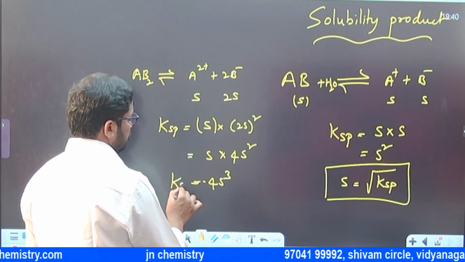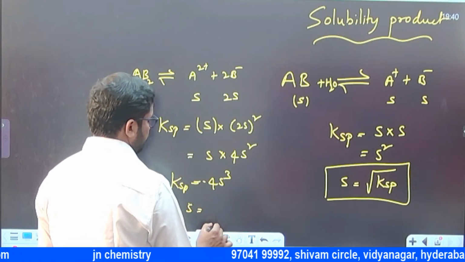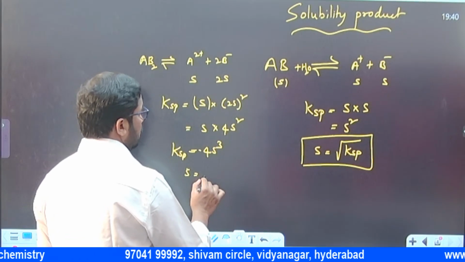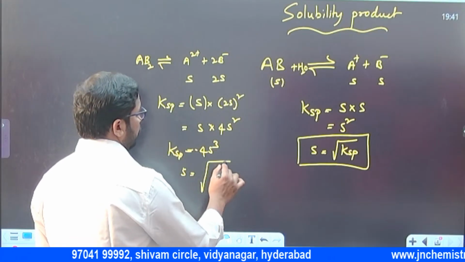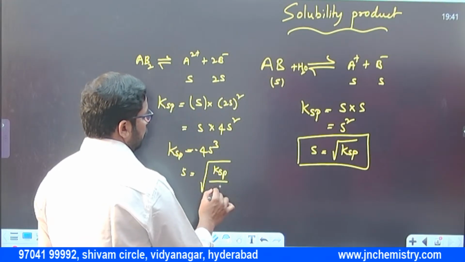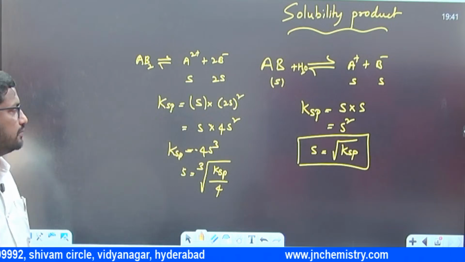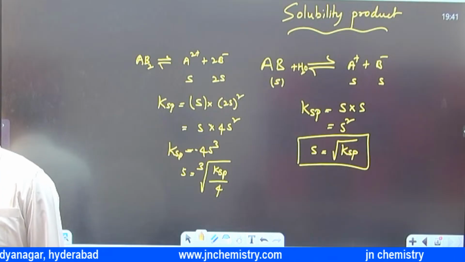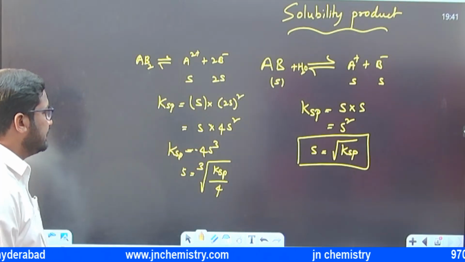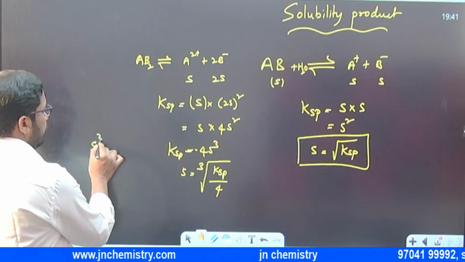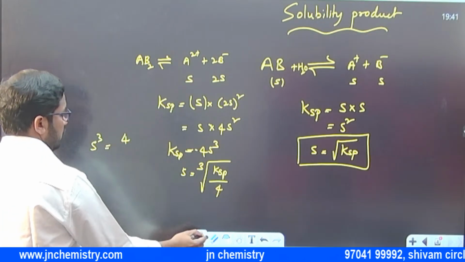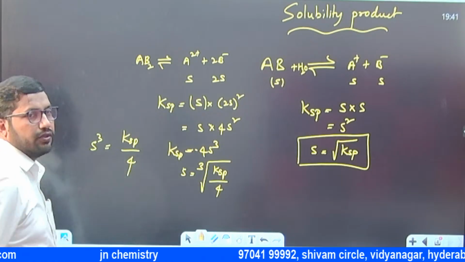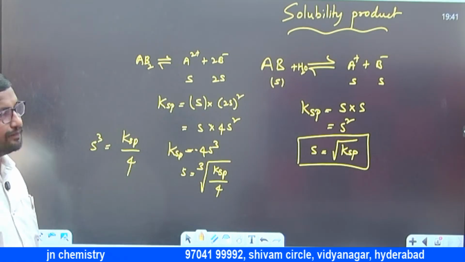Ksp is equal to 4S cube, so S is equal to the cube root of Ksp by 4. Hence S cube is equal to Ksp by 4. That is for AB2.